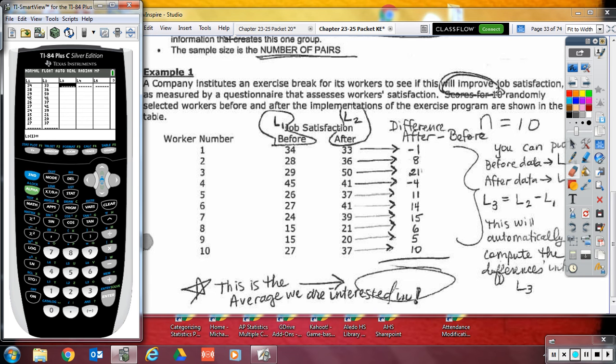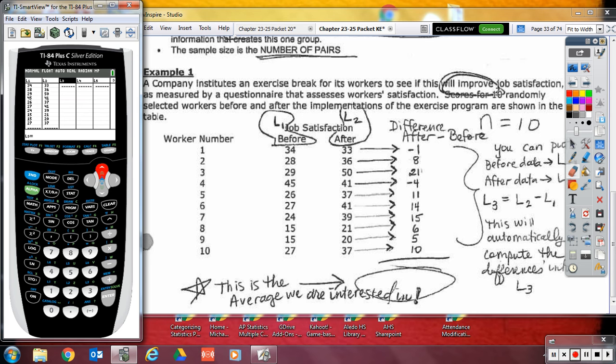Okay, so after you have that in there, I'm going to go over to list 3. And I'm going to put my cursor on top of the L3. Okay, put your cursor on top of L3. And we need to command it to do some math here. What do we want to tell it to do? L2 minus L1.